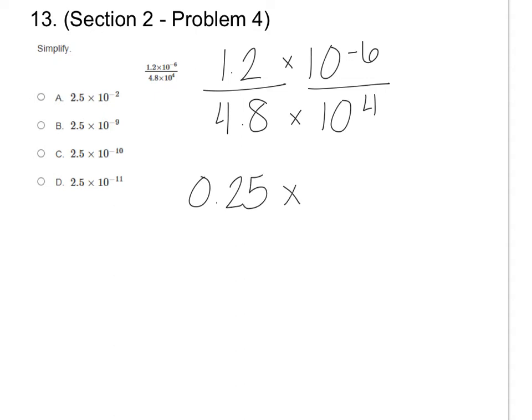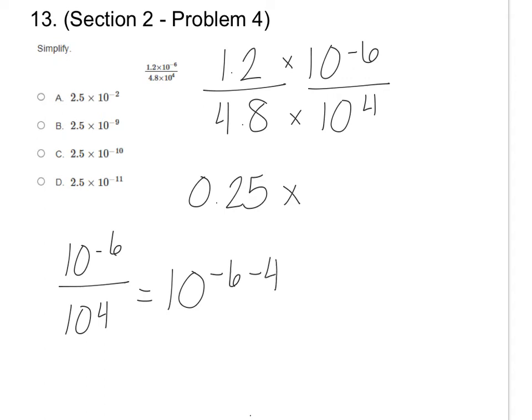And then 10 to the negative 6 divided by 10 to the 4th. When you're dividing numbers that are written as a power and they have the same base, all you have to do is subtract the exponents. So 10 to the negative 6 divided by 10 to the 4th is the same thing as 10 to the negative 6 minus 4.